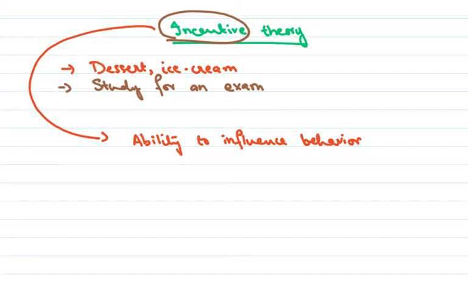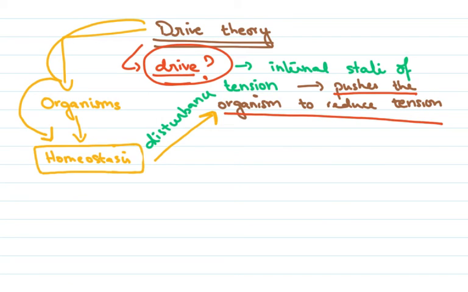So, in this case, the ice cream is the incentive. In this case, the A grade that you will receive is an incentive. So, an incentive is something that lies outside of the organism, whereas when we go back and look at drive theories, a drive is something that lies within the organism.